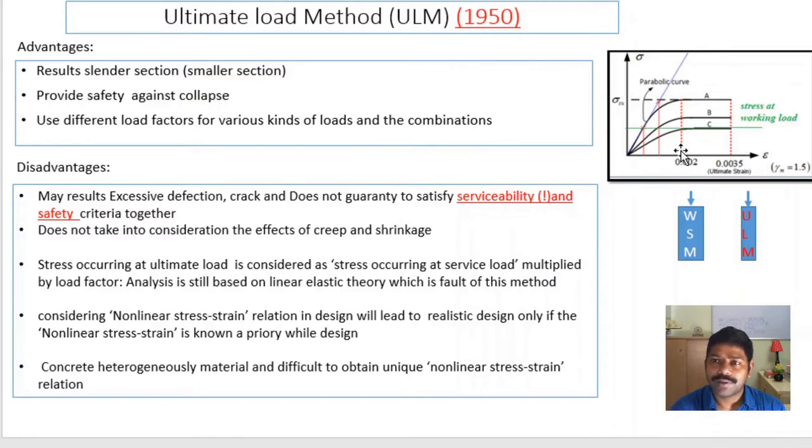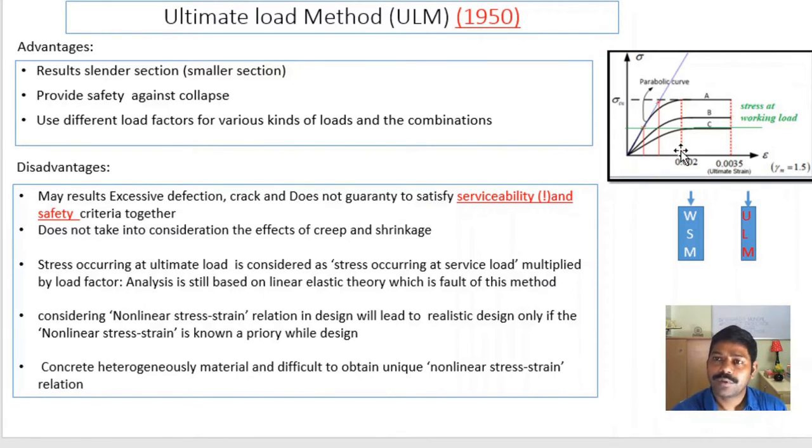If you want to apply this method, what do you have to do? You have to have a realistic stress-strain model for the particular concrete you want to use in your design, because it is heterogeneous in nature and it will be very difficult to have a unique stress-strain result. In linear analysis, if you know the strain and multiply by the Young modulus, you can predict the stress.